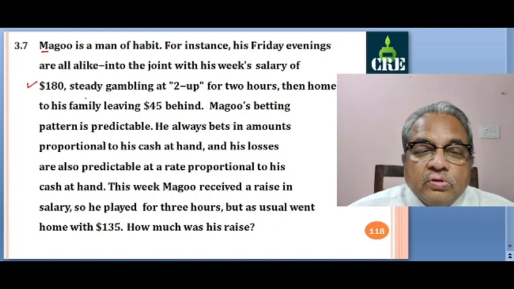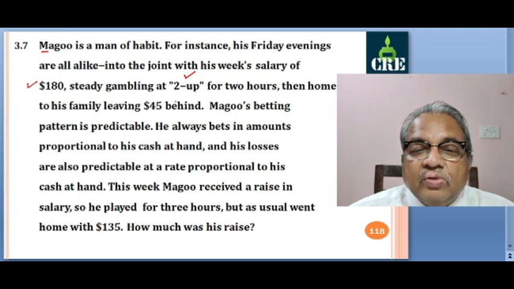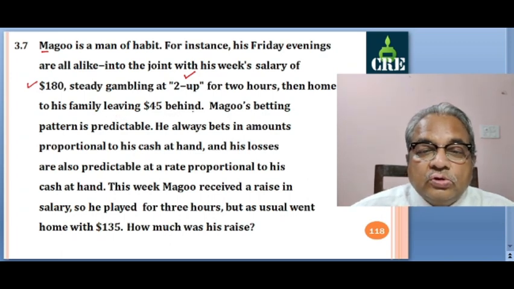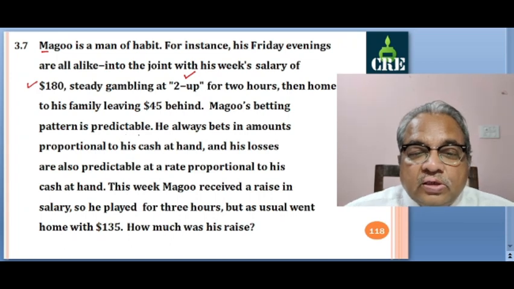So if he steadily gambles at 2 Up, the name of that gambling center or casino, for 2 hours, then he goes home to his family, leaving behind $45.